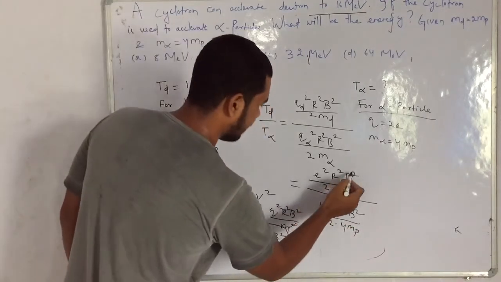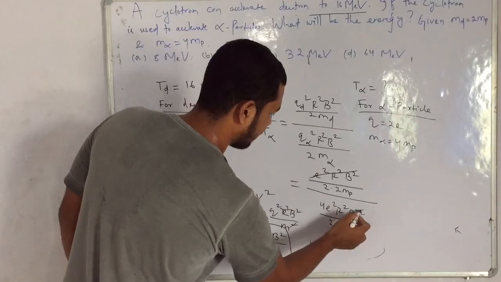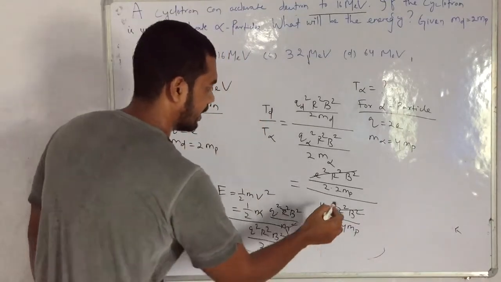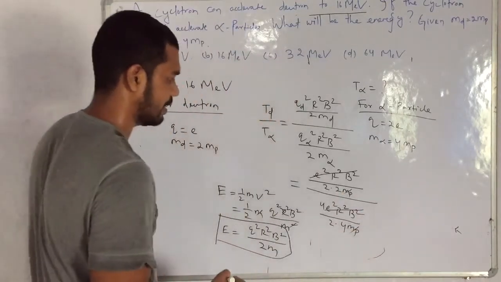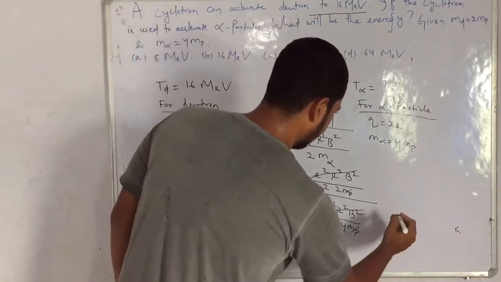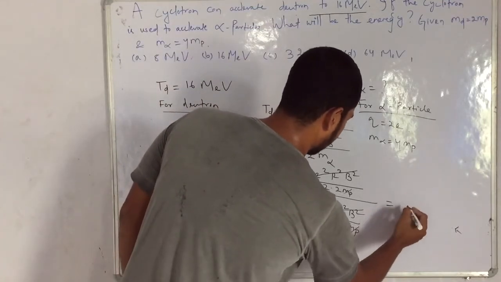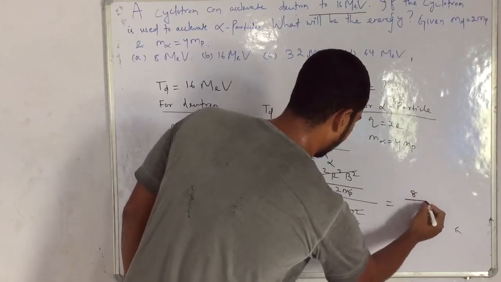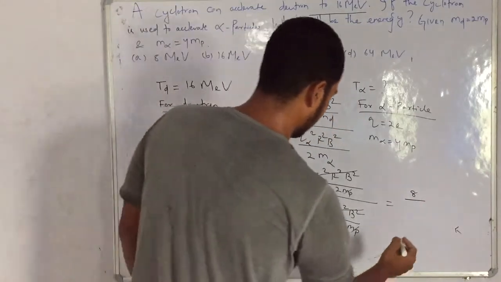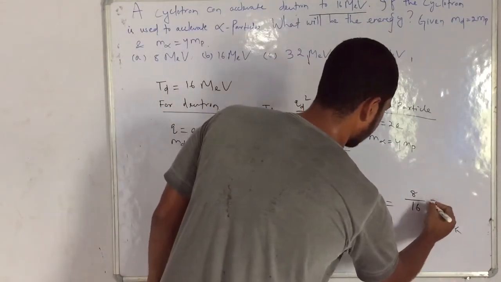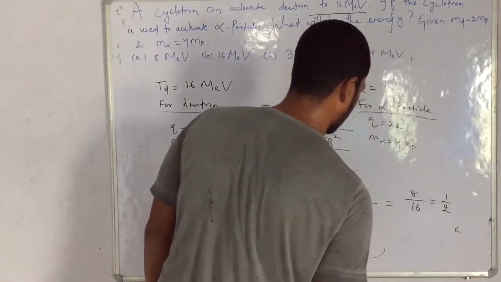Here e square R square B square cancel, and the mass of proton cancels. So finally you will get 8 upon 16, which equals 1 upon 2.